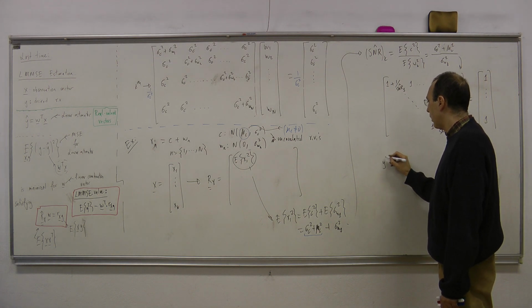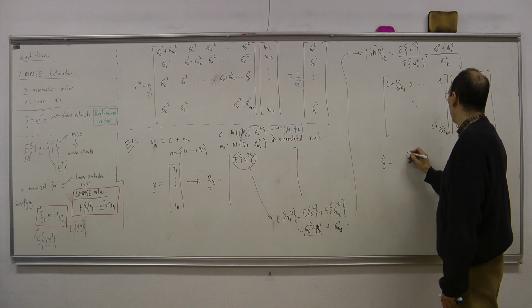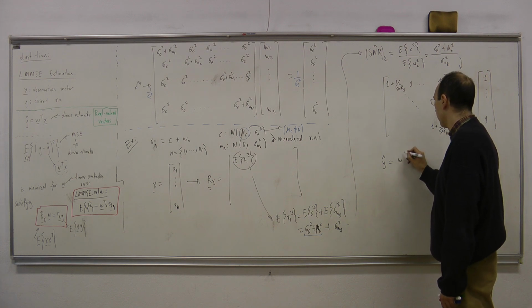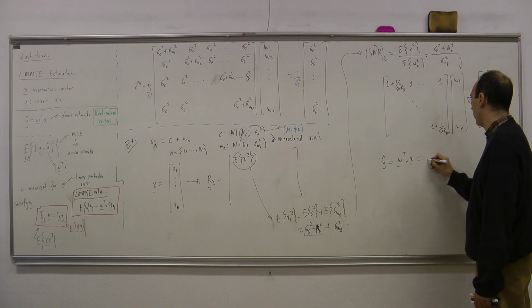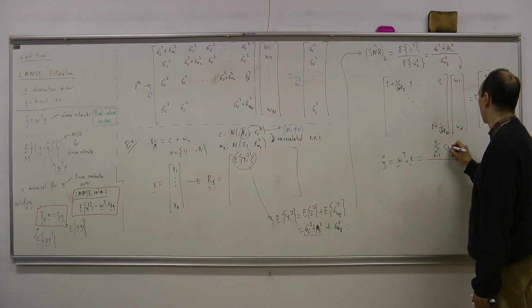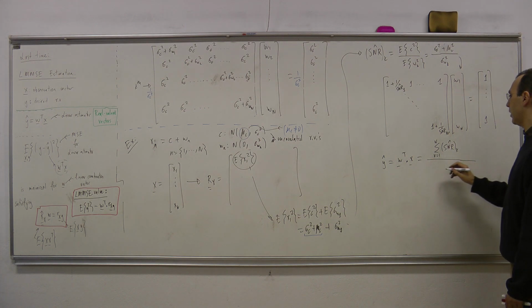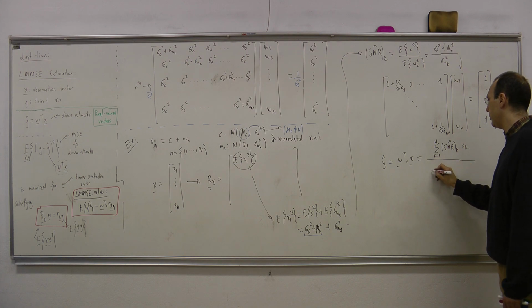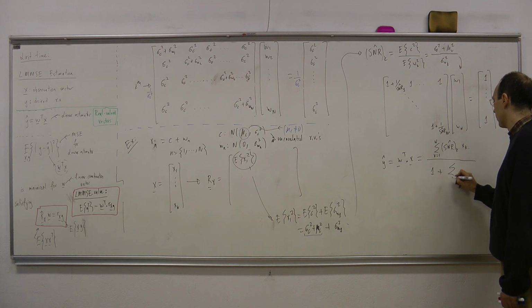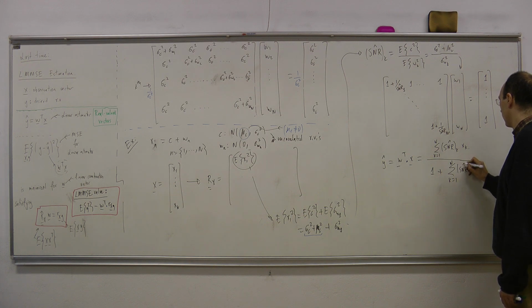So what is my y hat in this case? Well, I know these W's. W transpose times X. So this is equal to the kth SNR times my kth observation divided by SNR k.